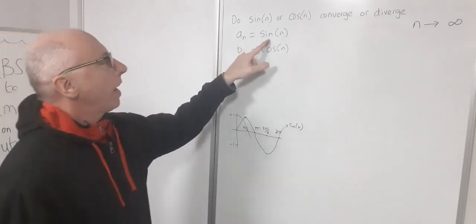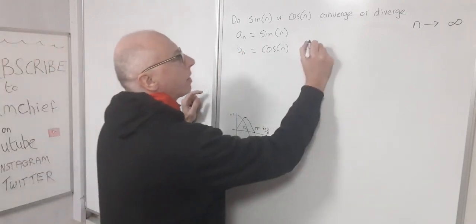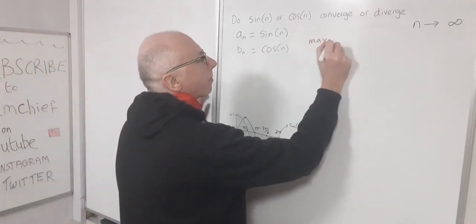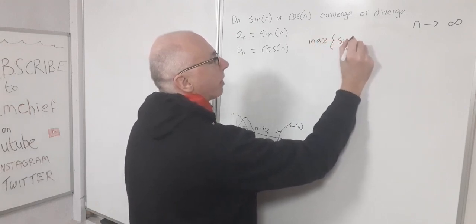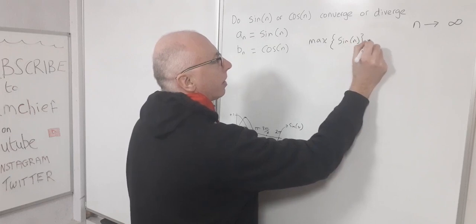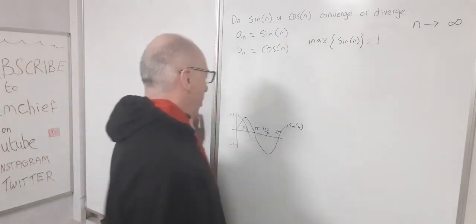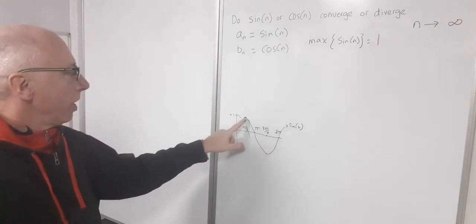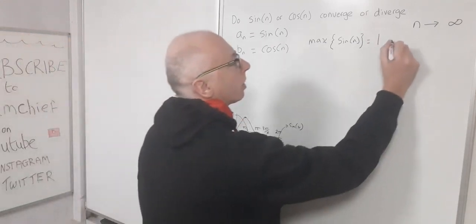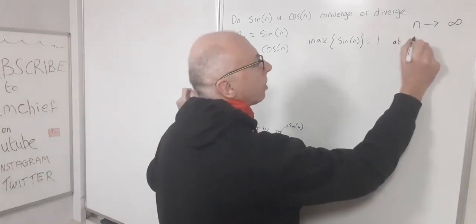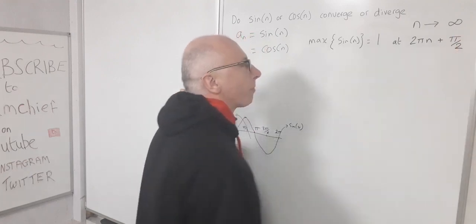Now for sine of n, we know that the maximum of sine of n equals 1. So sine of n equals 1 at 2 pi n plus pi over 2.